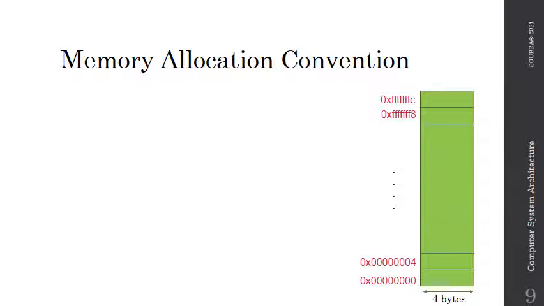The last thing that I'm showing is the memory allocation convention. So we have 4-byte words here, and we can go from address 0 all the way up to address something here.